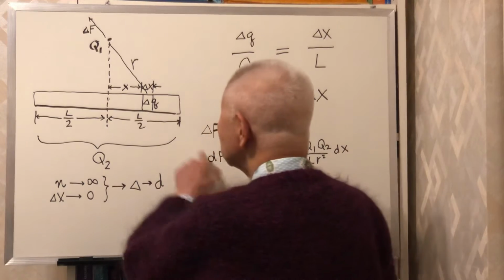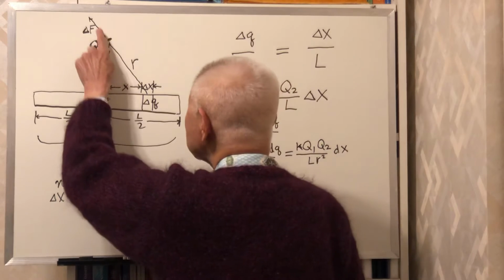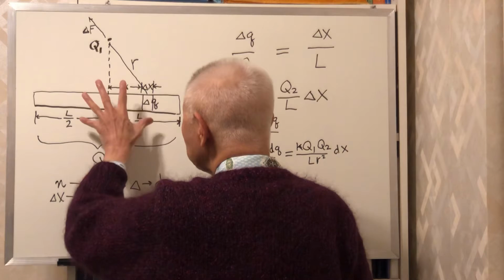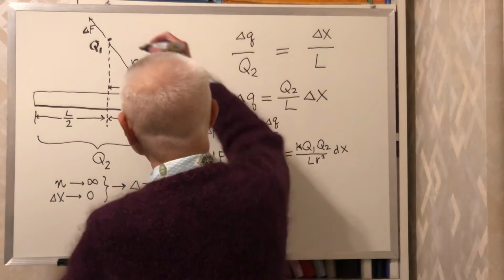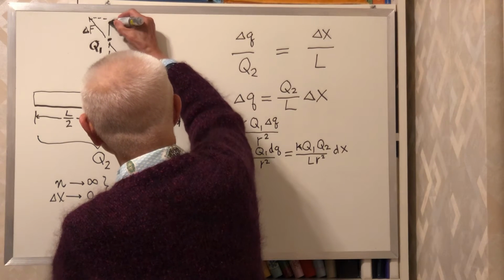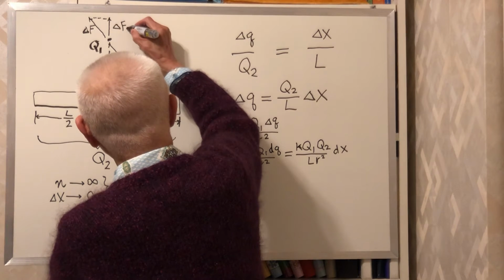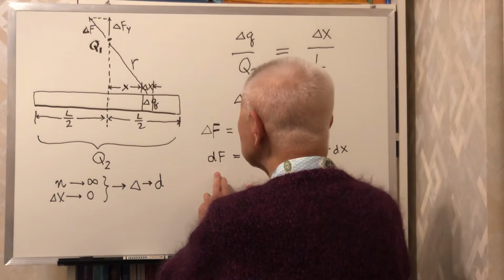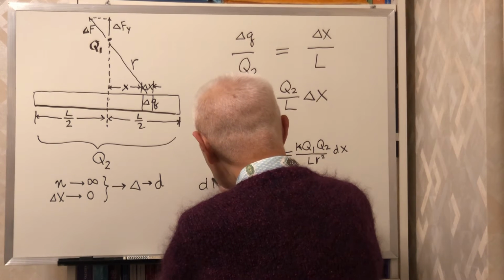Remember, delta F is this way. Therefore, dF is also this way. But we argued that the force is only vertically up. Therefore, what I want is this component. Call this delta Fy. Now, we already changed delta to d, so I want dFy.